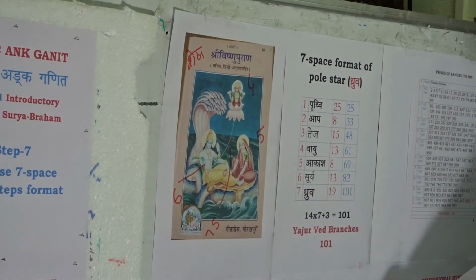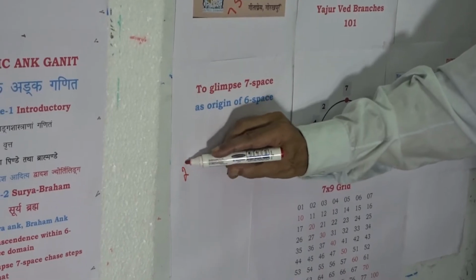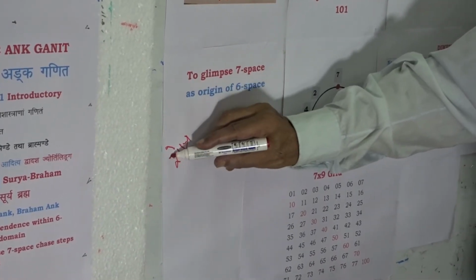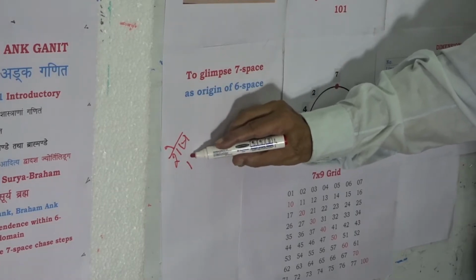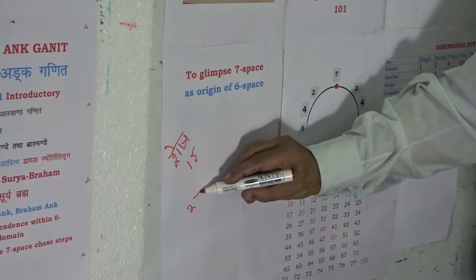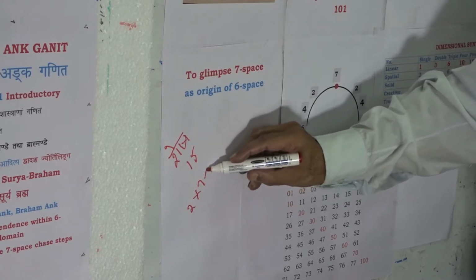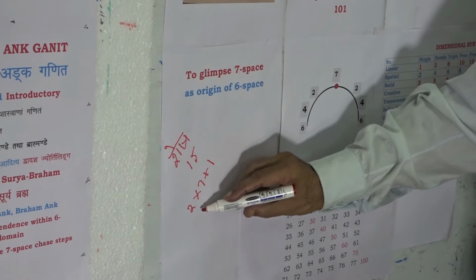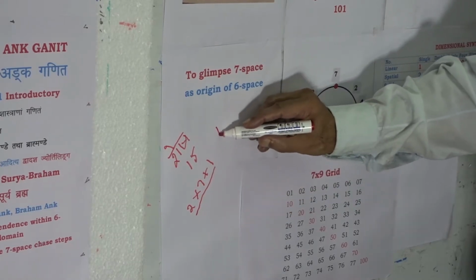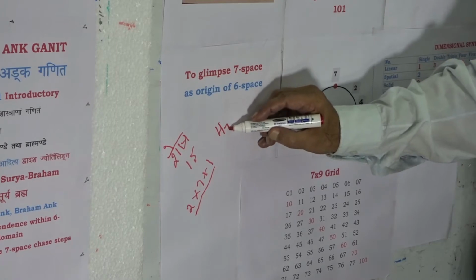The formulation Shesh is of TCV value 15. Value 15 is equal to 2 raised to power 7 plus 1, which means 15 geometries range of 7 space.